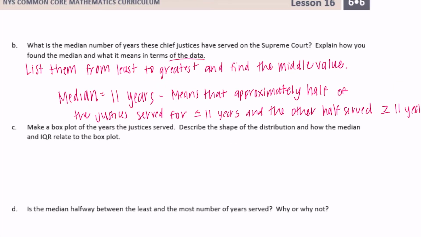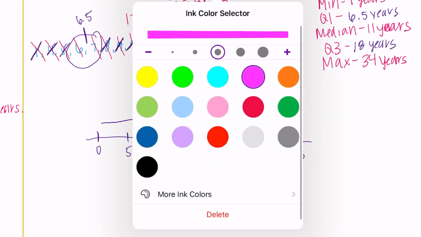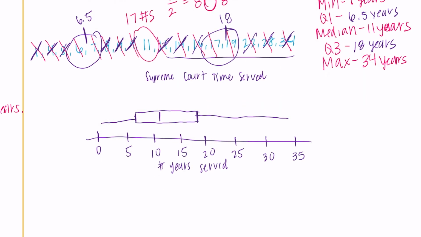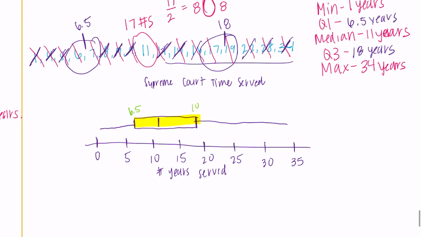Describe the shape of the distribution and how the median and IQR relate to the box plot. So the IQR is going to be the range from here to here. So the IQR is 6.5 to 18 years.